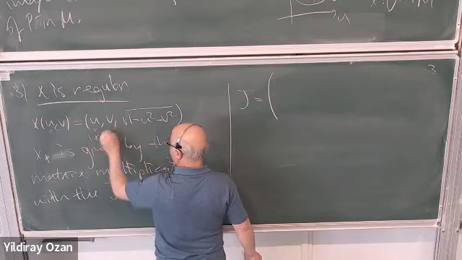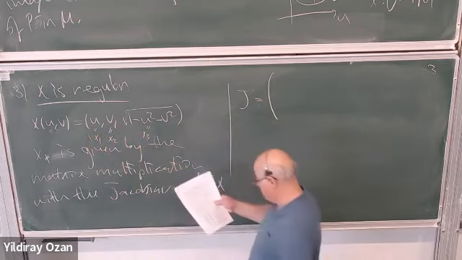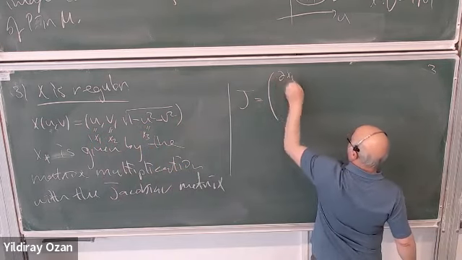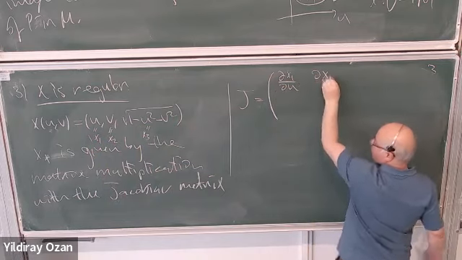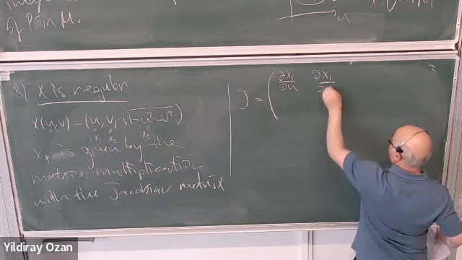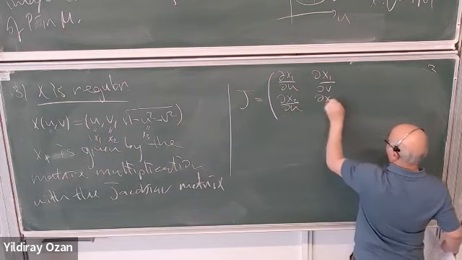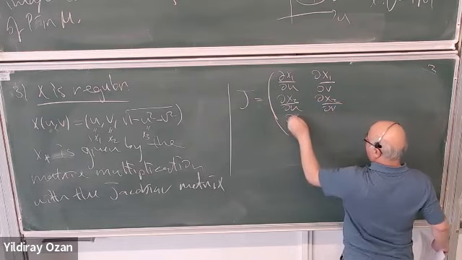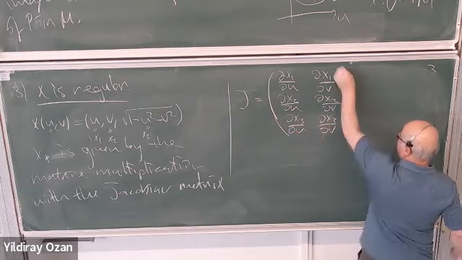Let's say this is the x1 coordinate, x2 coordinate, and x3 coordinate. And then it will be just del x1 del u, del x1 del v, and then del x2 del u, del x2 del v, and del x3 del u, del x3 del v.